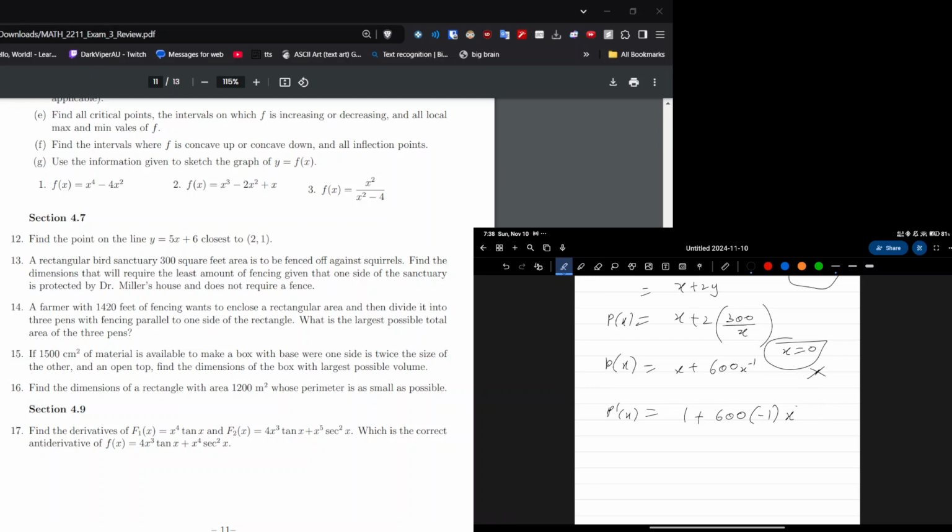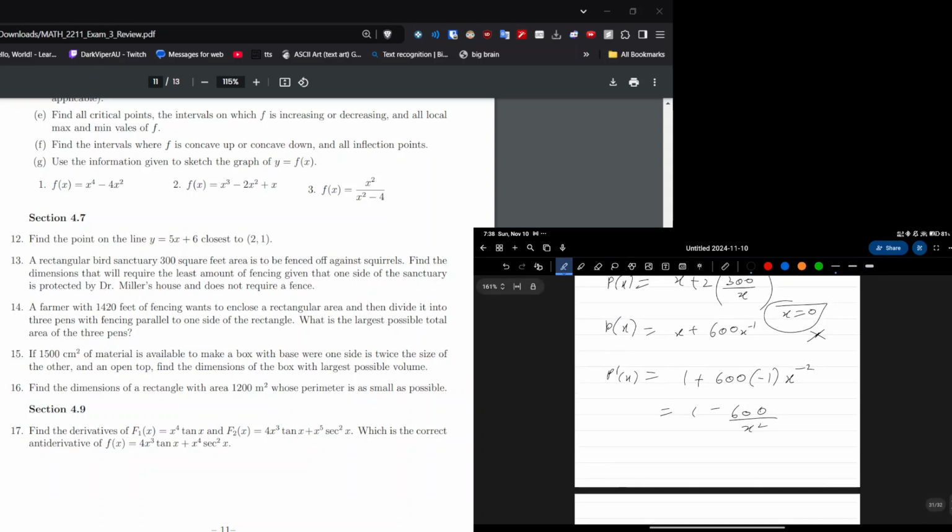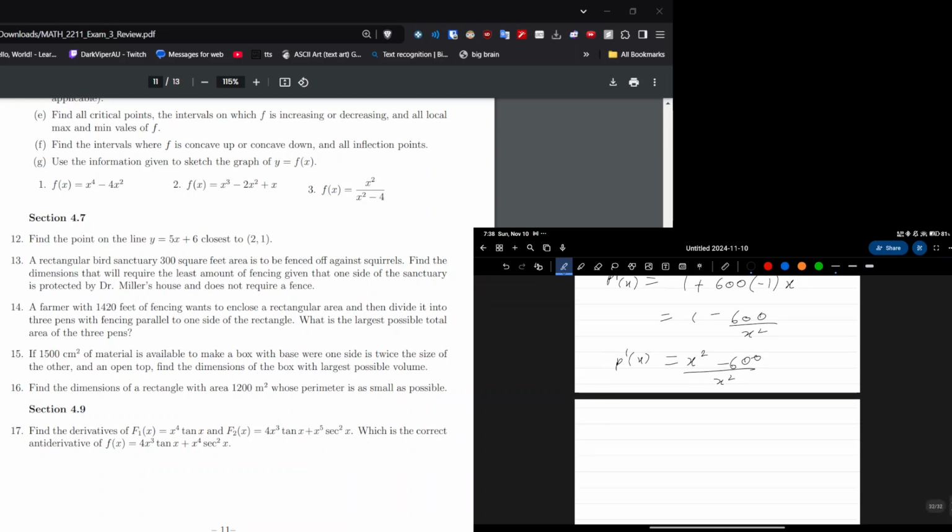This would be written like this: 1 minus 600 over x squared. This would be x squared minus 600 over x squared, p dash x. Now, equating the top equal to 0, x squared minus 600 equals 0, x squared equals 600, and the square root of that is something.